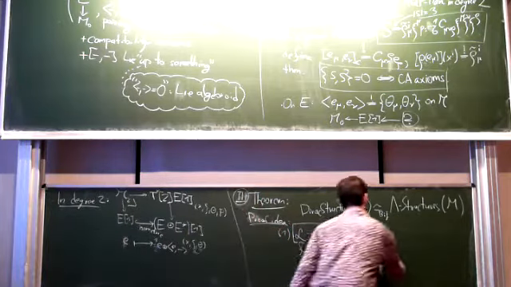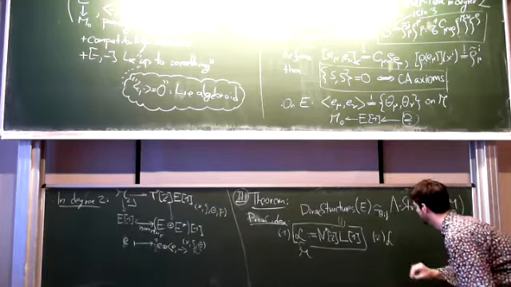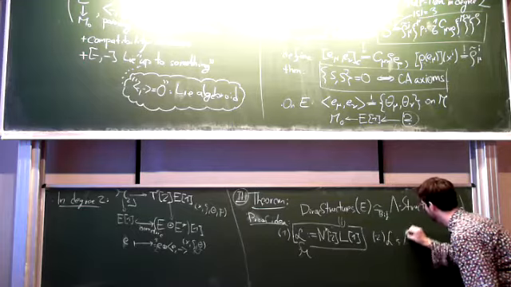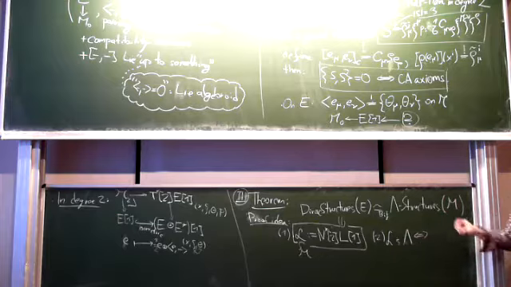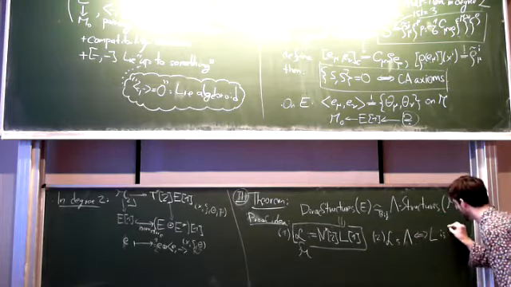Okay, the second part is just to prove that our lambda structure holds if and only if L is a Dirac structure.